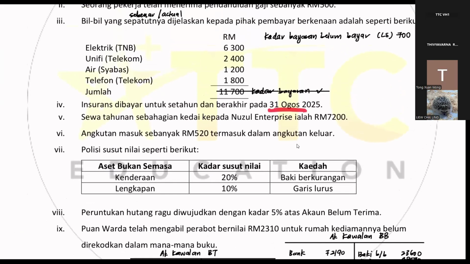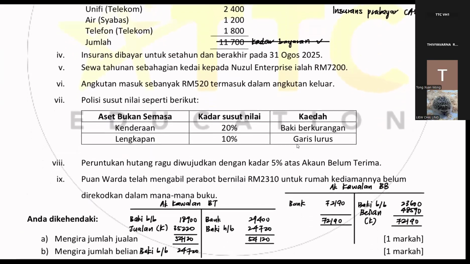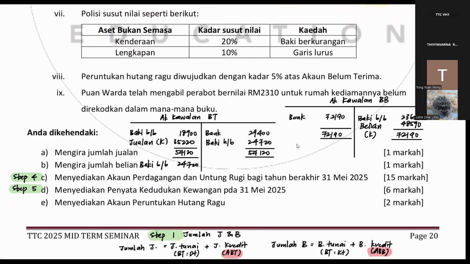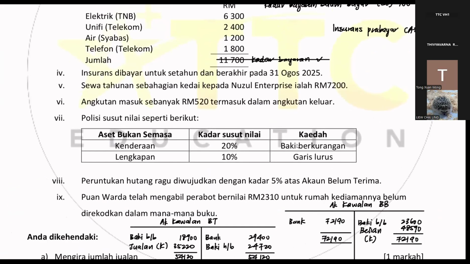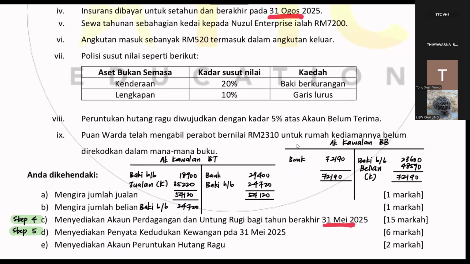Too much. So we call it as insurance prabayar, which is aset semasa. Then we should pay up to 31st May. So after 31st May until 31st August, how many months that we have paid too much?